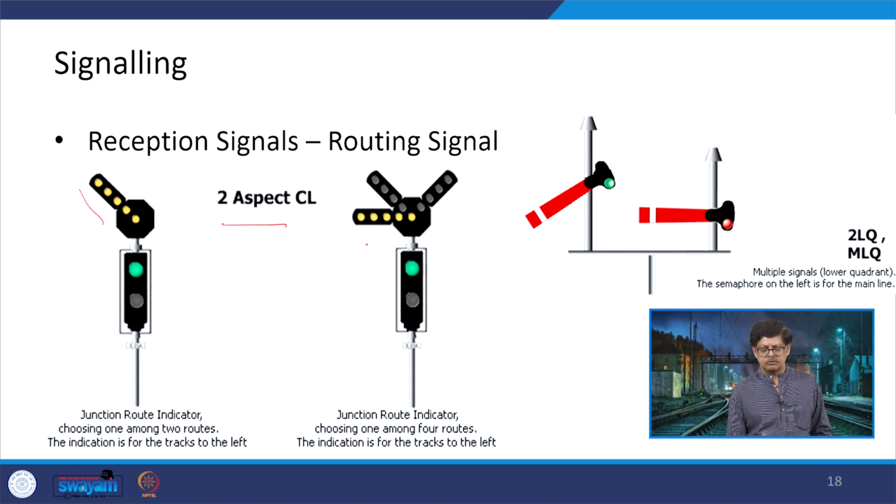Here it says that the extreme left side track is going to be taken and you can come on that. There is a combination of arms where you can see that this is one arm, that is another arm. These are again a lower quadrant condition because they are going down with respect to the horizontal, and here this is a semaphore stop signal which says that you are coming on the main line.